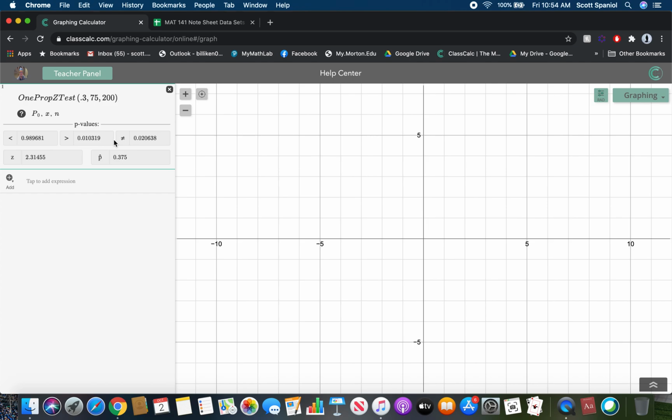And then it's also telling us that Z is 2.3145 and P hat is 0.375. Okay, so those are all the values it gives you.